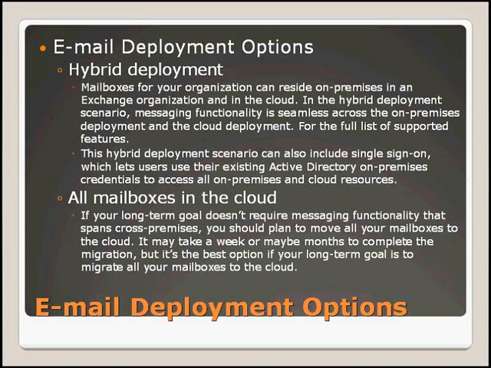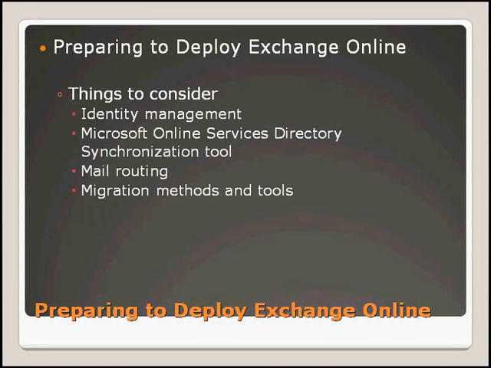Okay, so let's go ahead and look at a few things which we need to consider whenever we are preparing to deploy Exchange Online. But I want to ask you one thing. Are we all good with the options that we have whenever we are going to deploy Office 365? I mean, there are only two options. Either you move everything to cloud, or you keep some in your on-premises and some in cloud.